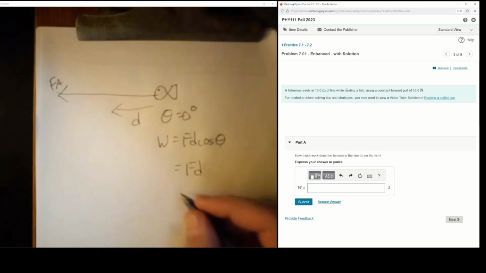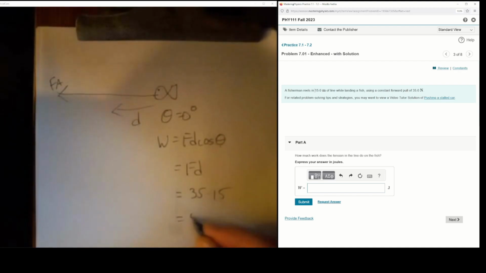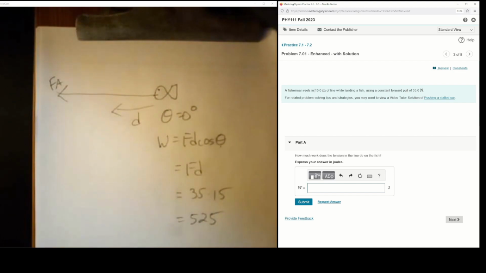And they tell us the force. Just looking at the problem, they tell us the force is 35 newtons, and the displacement is 15. That is 525 joules of work.